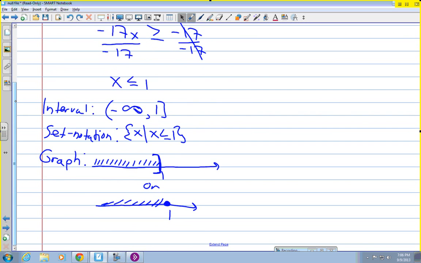So does that make sense? That flipped inequality, multiple ways to express the answer, interval notation, set notation. What's the difference between the two graphs? Well, to me, there's no difference. It's just different notation. Recently, all the math books started using the brackets right on the number line, and in the past, they used those dots.